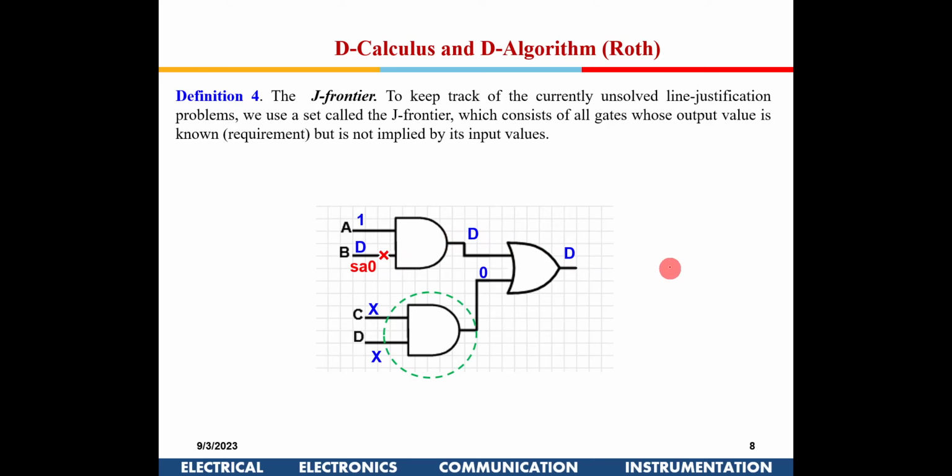As we keep pushing D from here to here, here to here, we temporarily assign this as a 0 here, and then we don't take a call immediately to assign this. So in our first run, the aim will be to push the fault, a D or D bar corresponding to that fault site, to the primary output, and then we do the reverse run from there to get back to the primary inputs.